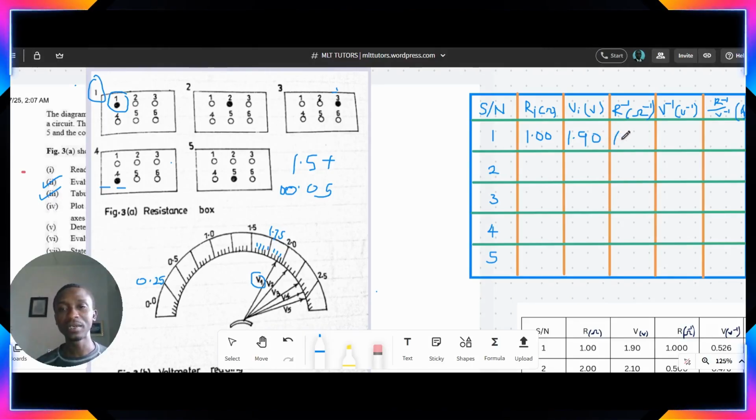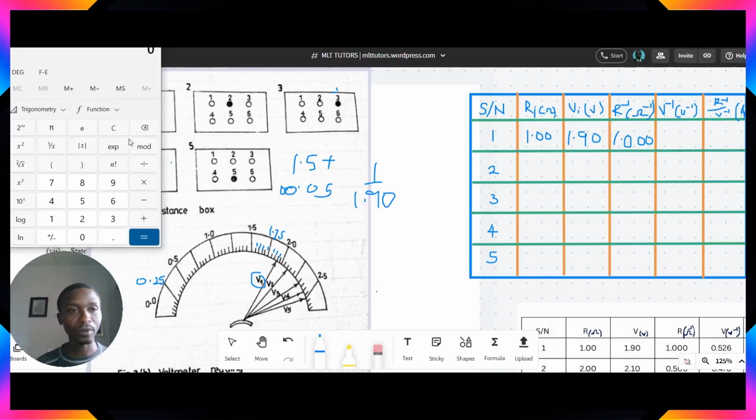Then to do the inverse of our R, 1/1, we don't need to stress ourselves on that. That will still give us 1. Then when you are doing inverse, maintain 3 decimal places. That's the rule. Then to do V inverse, that will be 1/1.90. So let's quickly use our calculator.